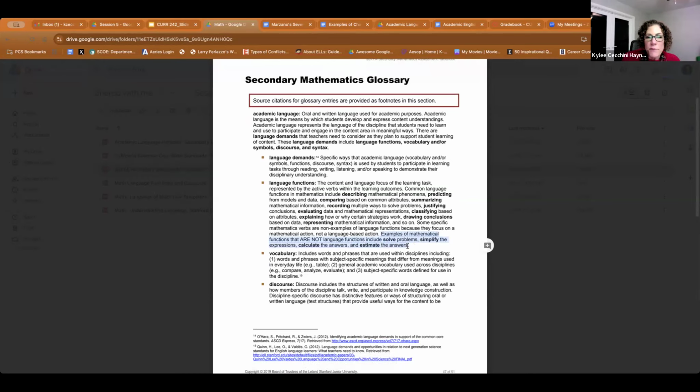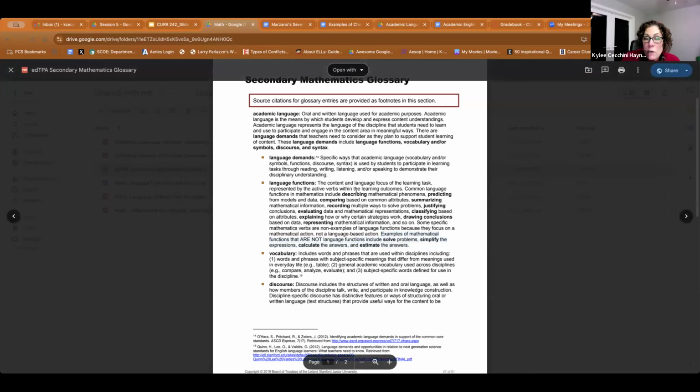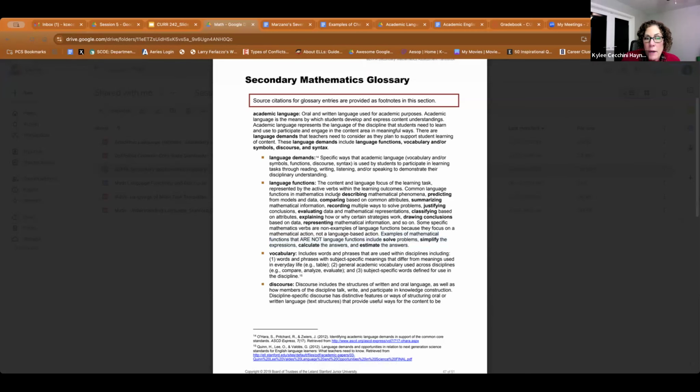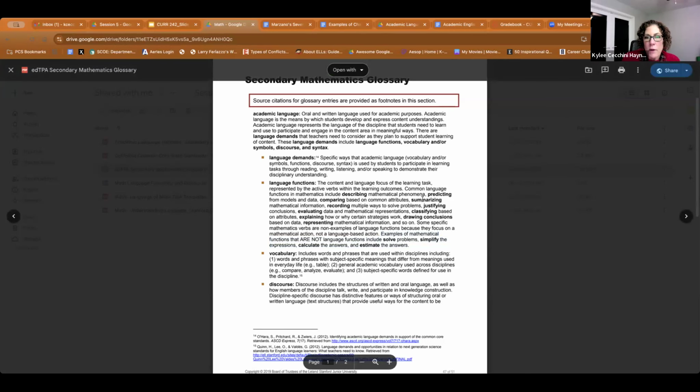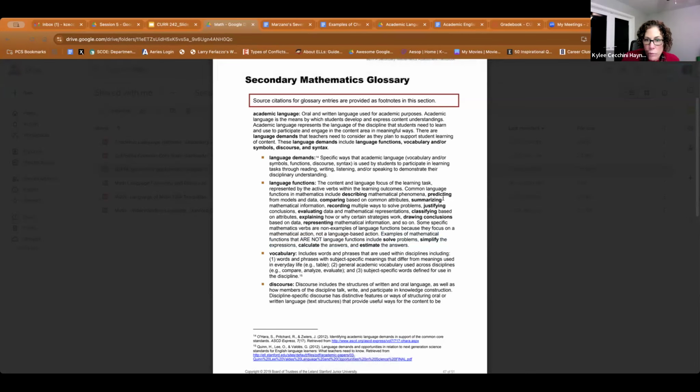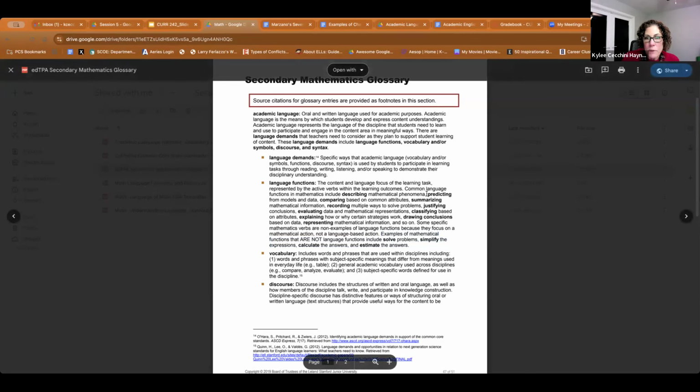So solve, simplify, calculate, and estimate are not language functions. So when you're writing your lesson plan and it says identify your language function, these words should not be part of that function. The words up here might be describe, compare, or record, or justify, or summarize, or you've got plenty of words to choose from.